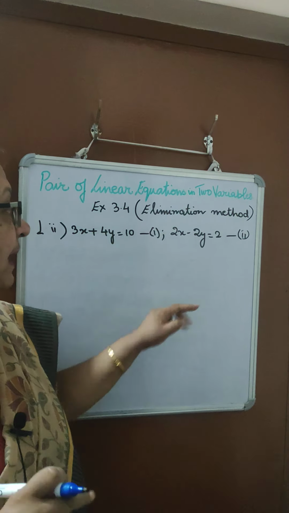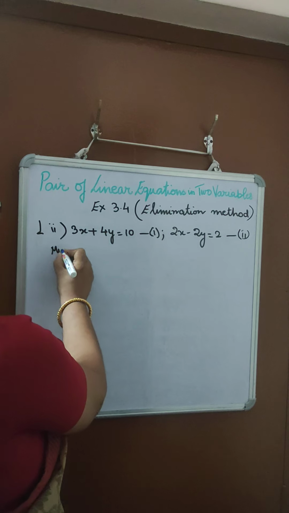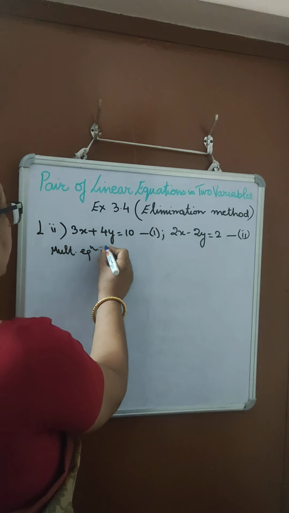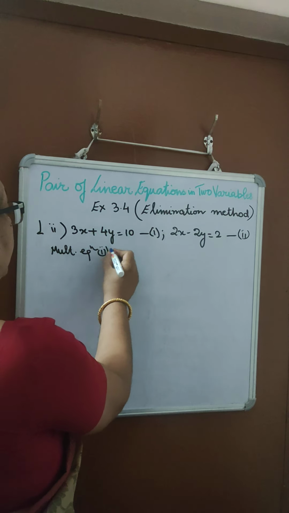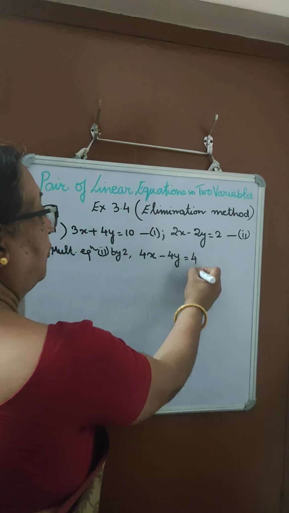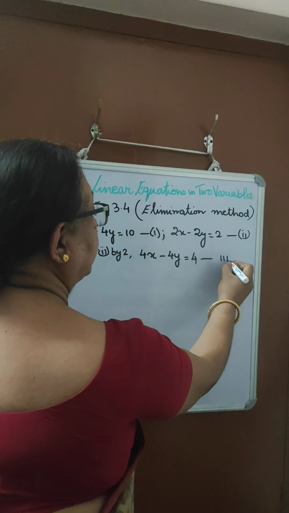Let us see what happens. So what do we get? 4x minus 2 into 2, 4y equal to 4. Suppose this is equation 3.